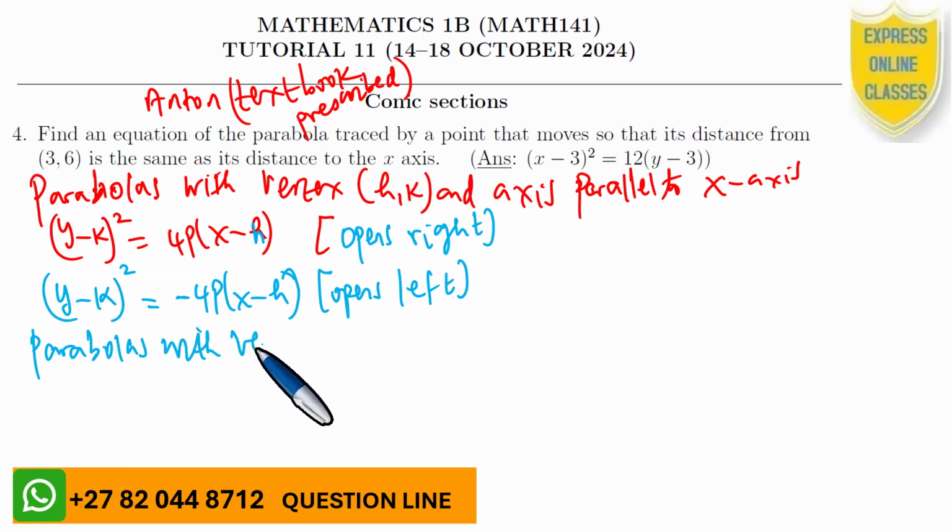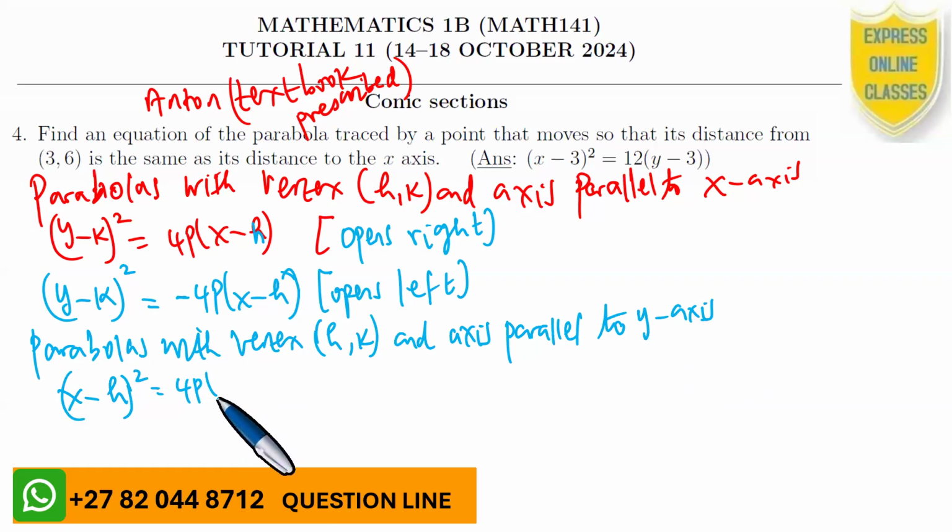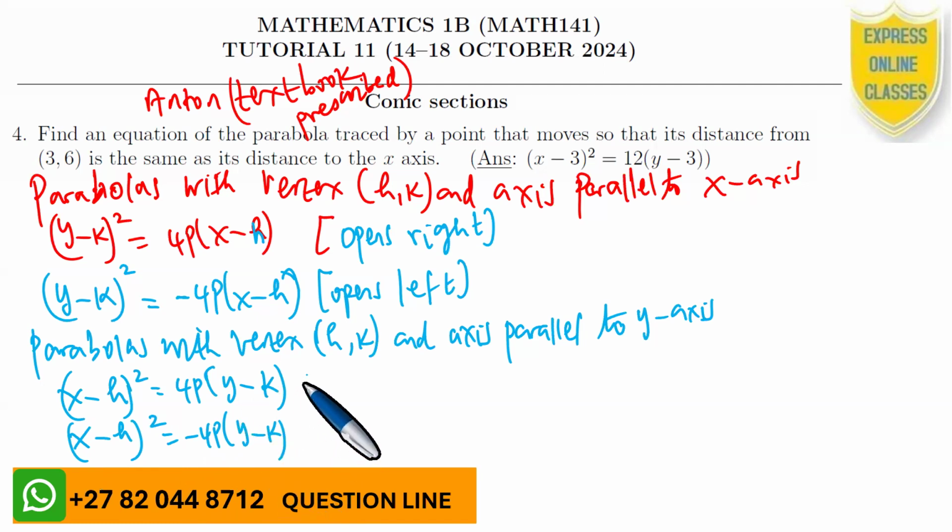Parabolas with vertex (h, k) and axis parallel to the y-axis: (x minus h) squared equals 4p(y minus k), which opens up.